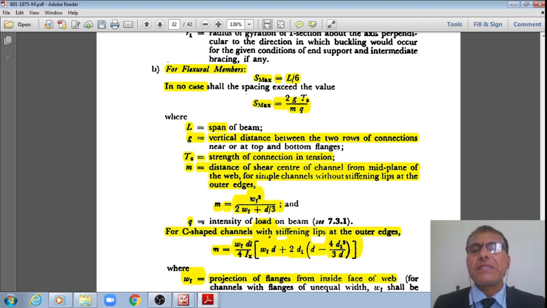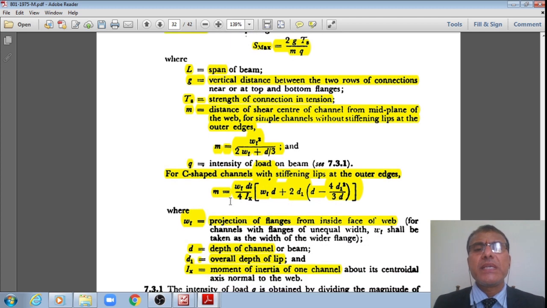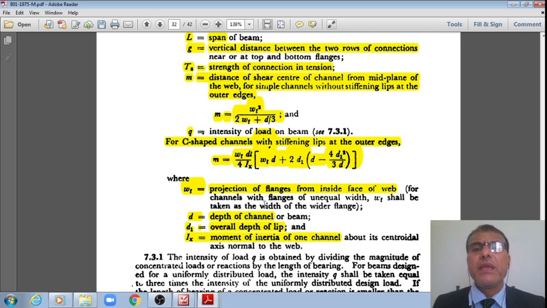For single channels without stiffening lips at the outer edges, M is given by WF square divided by 2 WF plus D by 3, and Q is the intensity of the load on the beam. For C-shaped channels with stiffening lips at outer edges, M is given by WF d t divided by 4 Ix multiplied by WF d plus 2 d1 multiplied by d minus 4 by 3 d1 square divided by d, right?